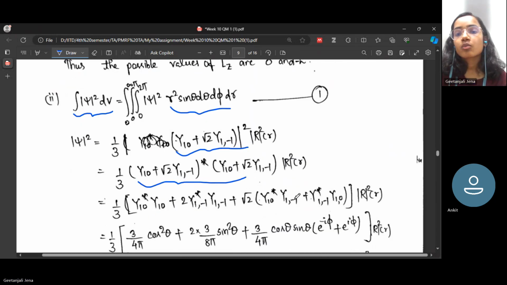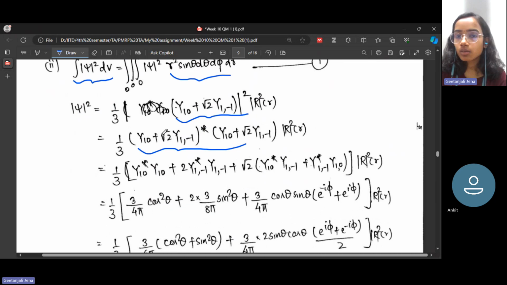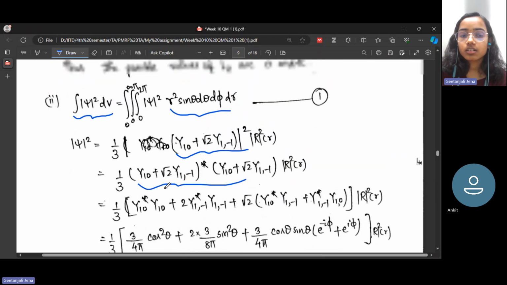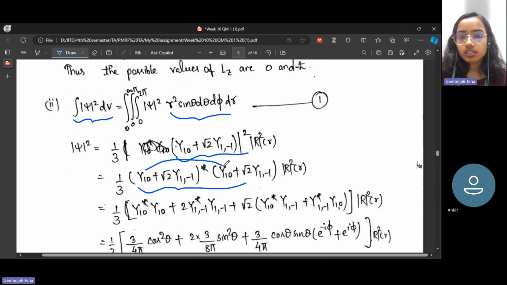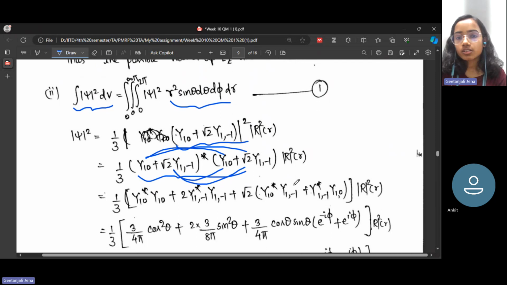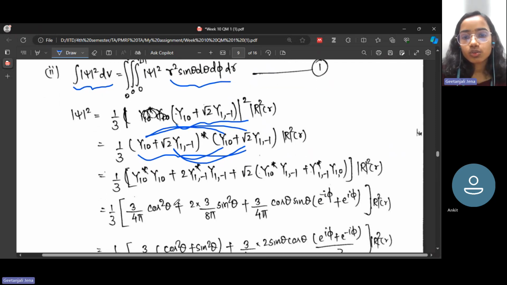Now you just multiply term by term, this one with this and this one with this. The next term, this one with this and this one with this, multiplied by r square. So this line has all the components.